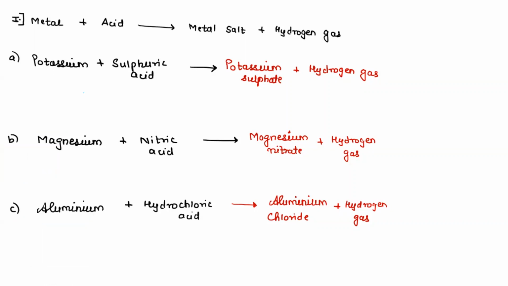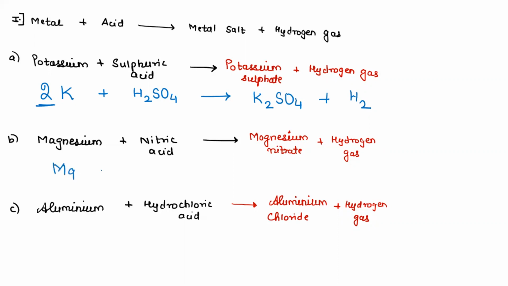The first one, potassium is K plus sulfuric acid is H2SO4. So the potassium sulfate plus hydrogen will be K2SO4 plus H2, and it is 2K plus H2SO4 gives you K2SO4 plus H2. Yes, Ayush, correct.